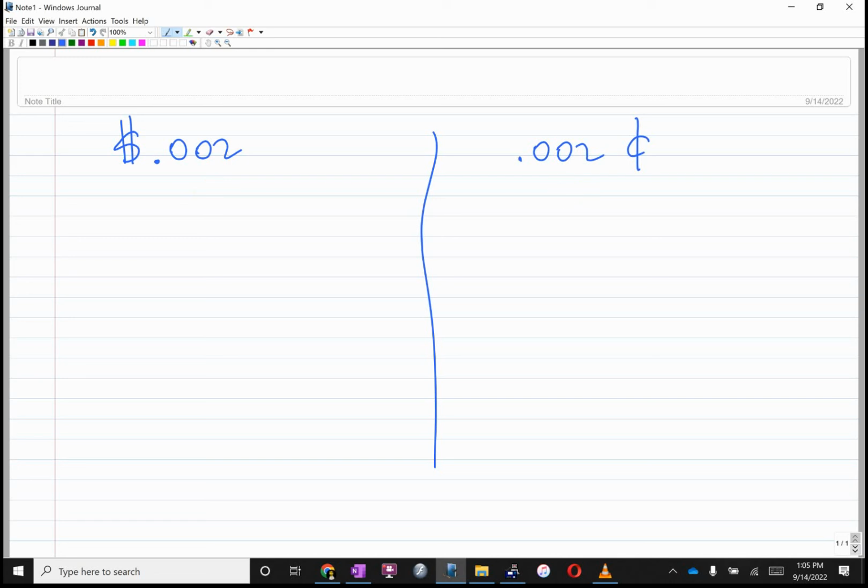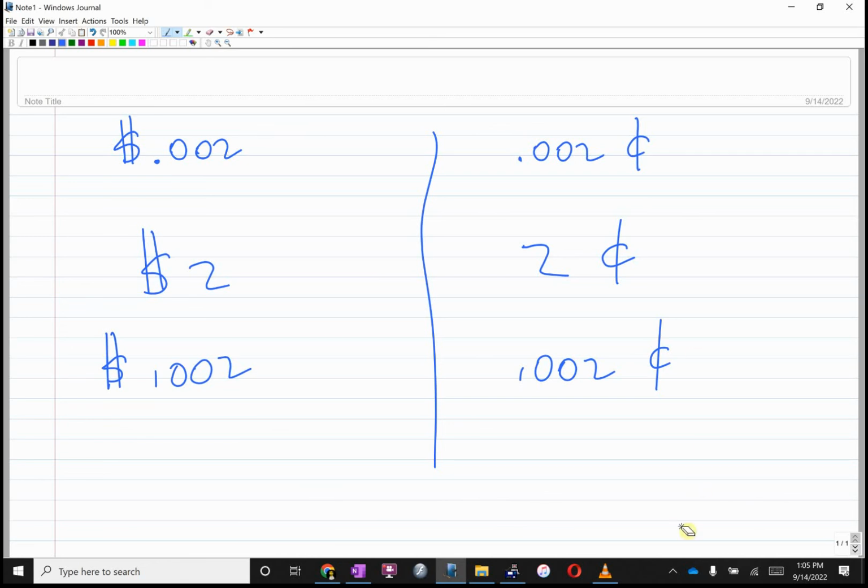No. Okay, is there a difference between $2 and $2.02? Well, yes, there is. Okay, so is there a difference between $0.002 and $0.002 cents? Yes. Is there a difference between? They're both the same if you look at them on paper-wise.